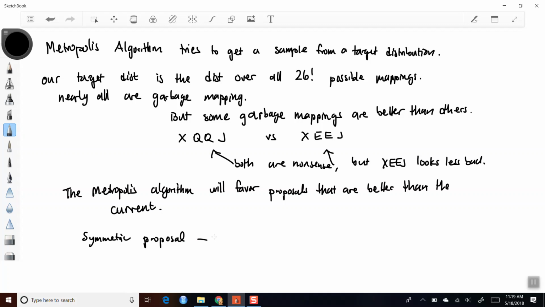That is, there are 650 possible switches that you could propose, and all of those switches are equally likely. So we have a symmetric proposal. We swap two letters in our map as a proposal. There's an equal probability of swapping them back.